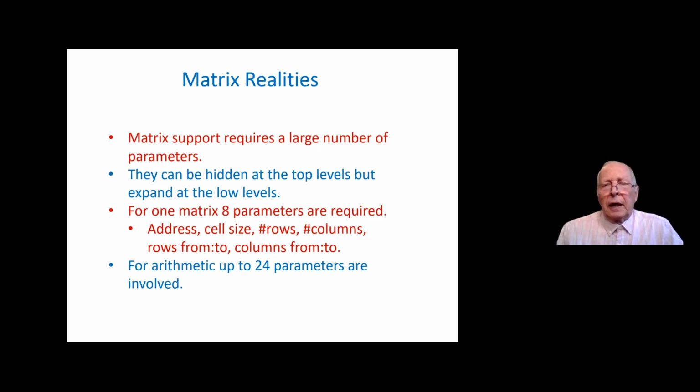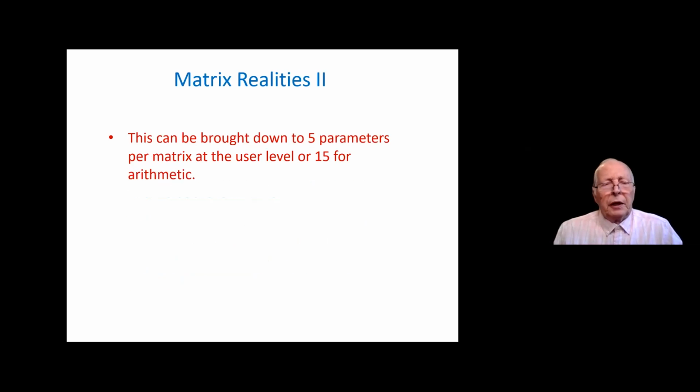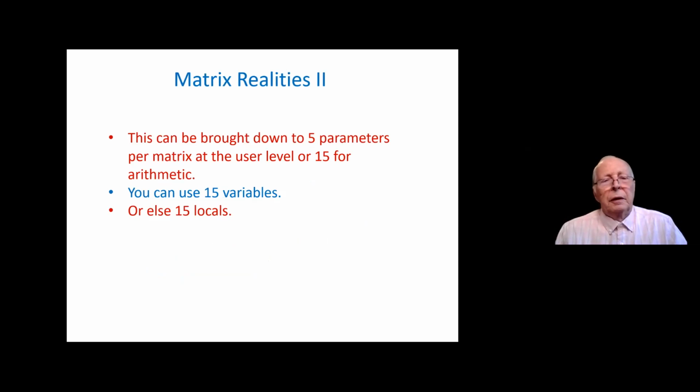For arithmetic, actually up to 24 parameters involved when we're manipulating 3 matrices. The good news is that this can be brought down to 5 parameters per matrix, but at the detail level of 3 matrices, it turns out to be 15 parameters to do arithmetic. Well, how to cope with this?